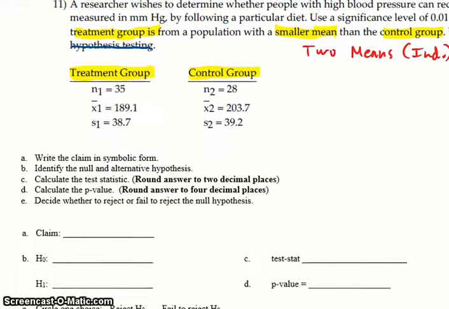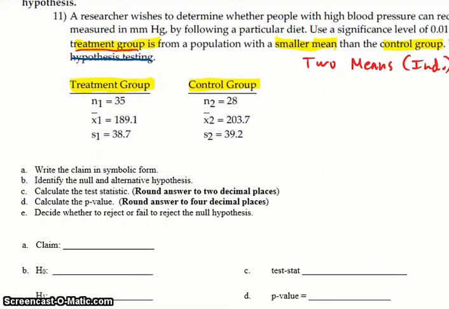The claim is that the treatment group has a smaller mean than the control group. So mu sub 1 compared to mu sub 2, where mu sub 1 is the mean blood pressure for the treatment group, and mu sub 2 is the mean blood pressure for the control group. The first group, the treatment group, is smaller, right? That's according to the claim. So mu sub 1 is less than mu sub 2.